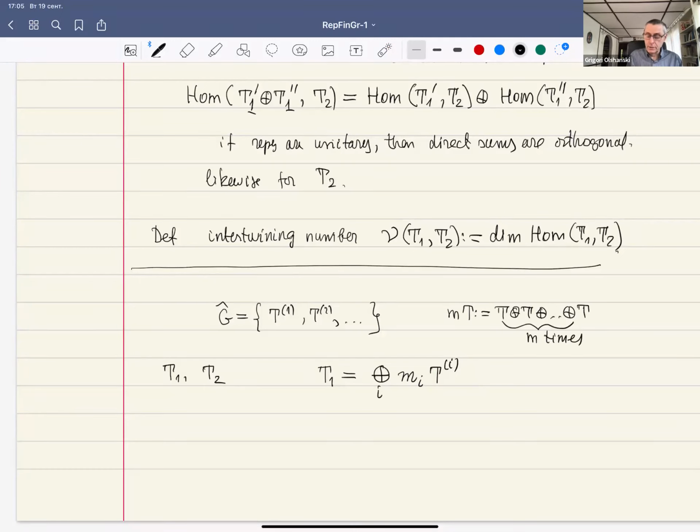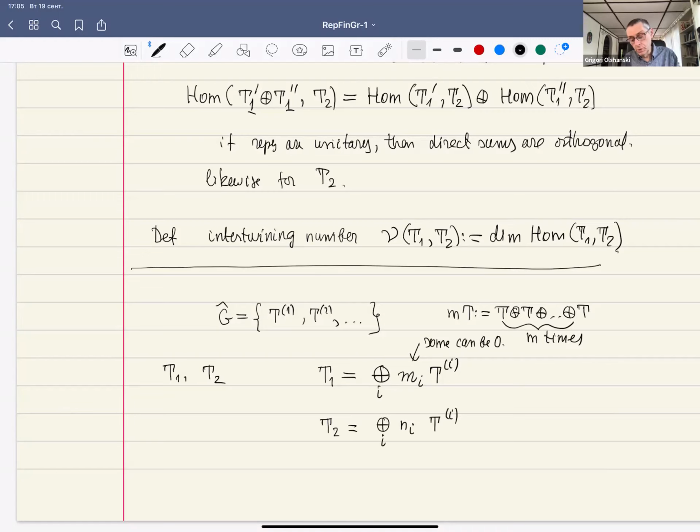So we can write some m_i, formally some numbers, some can be 0. So this just means that we have dropped this component. And likewise, we can write T2, and both sums are finite.